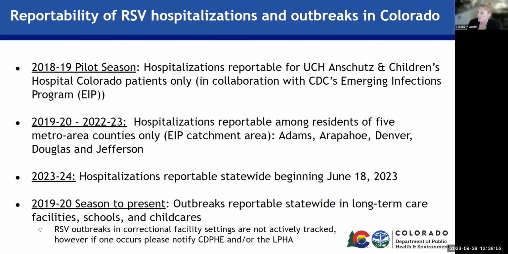And then one thing to mention about outbreaks: beginning in the 2019-2020 season is when RSV outbreaks also began to be reportable statewide. And we track outbreaks in long-term care facilities, schools, and child cares. One thing that I'll also go more into depth about is RSV outbreaks in correctional facility settings are not actively tracked.